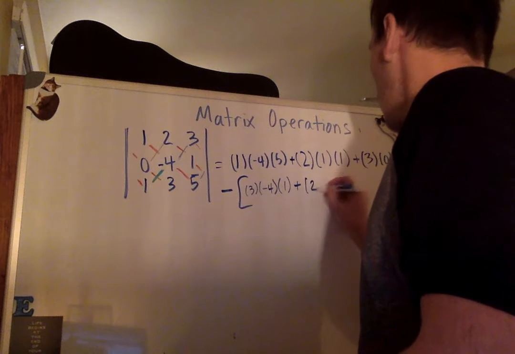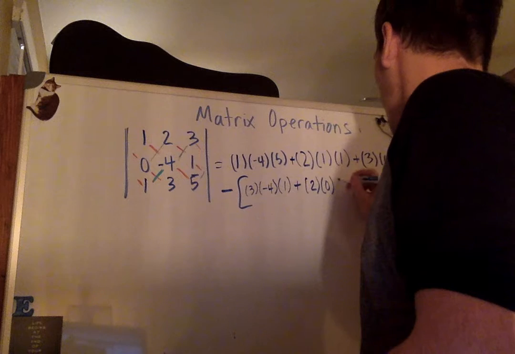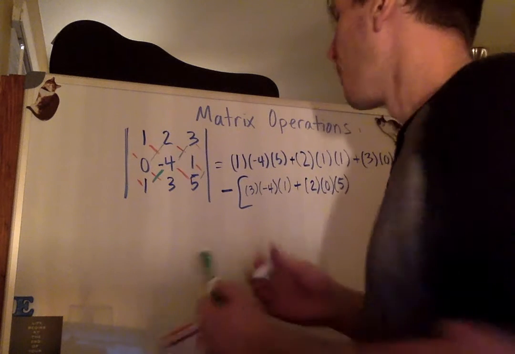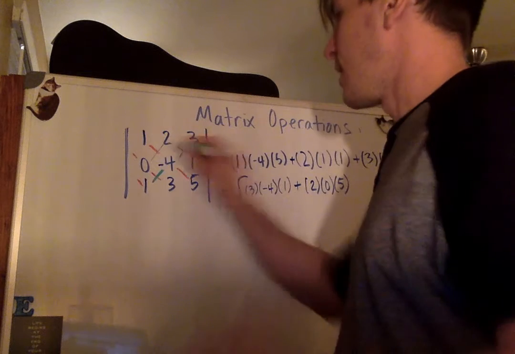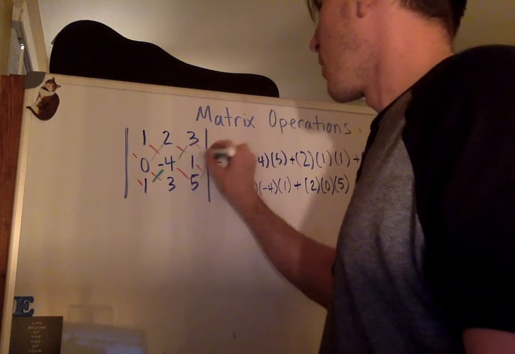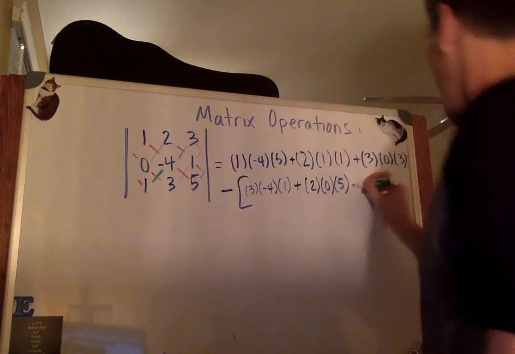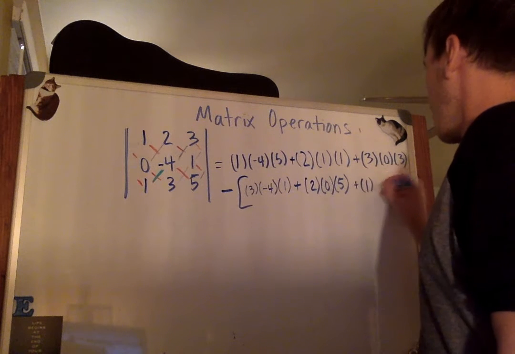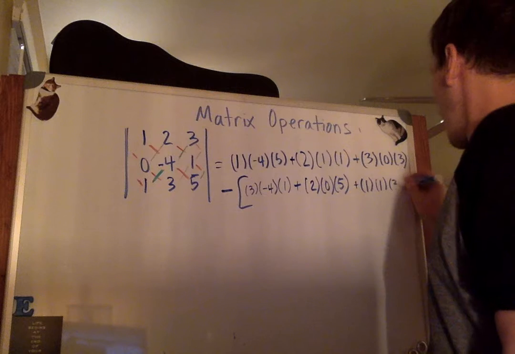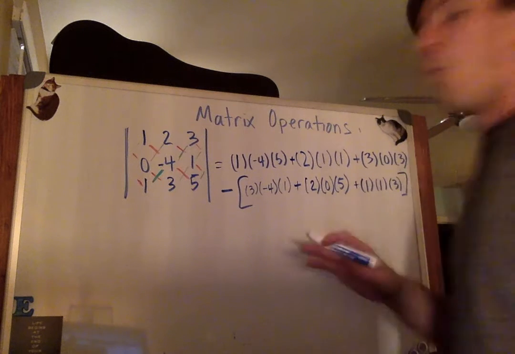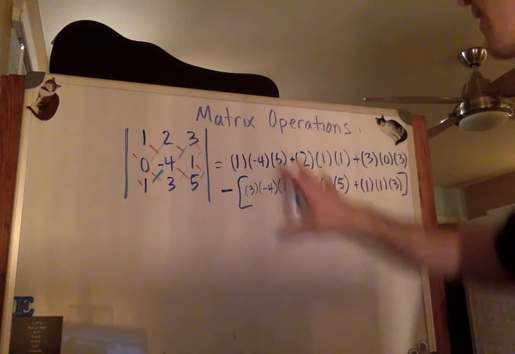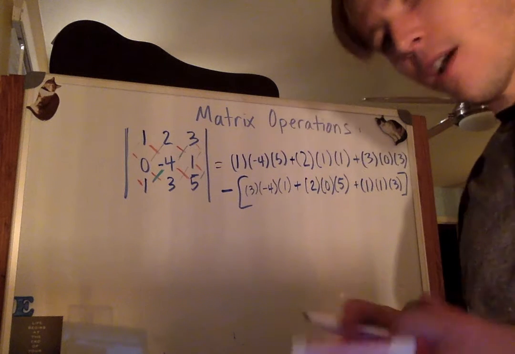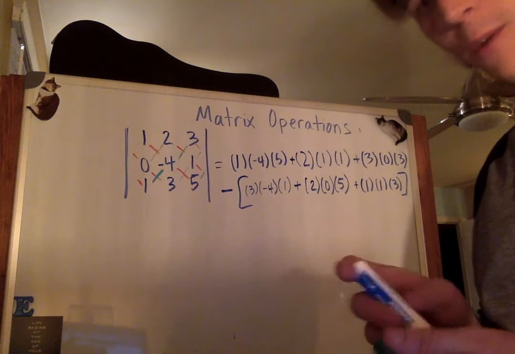So 2 times 0 times 5. Cool. And then the very last one that slants that same direction, we take the 1, and it goes down to this one, and it goes to that 3. So 1, 1, and 3. Once you have that all laid out, despite the fact that it's a mess, it is a disaster, we can figure out the stuff from here with simple arithmetic.